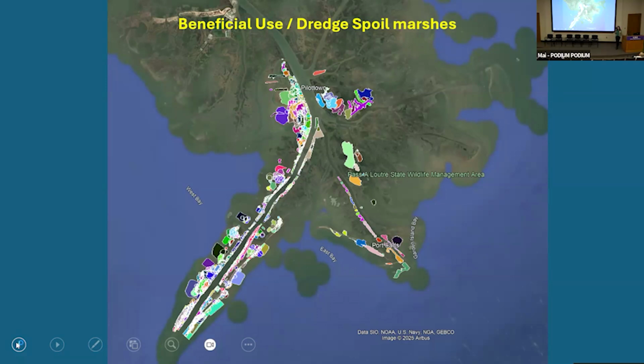The U.S. Army Corps of Engineers doesn't want to consider this wetland creation or wetland restoration because really they're just looking to get rid of the sediment. But there is potential of working with the Army Corps to try to maximize some of the functions that we're interested in, including carbon sequestration.